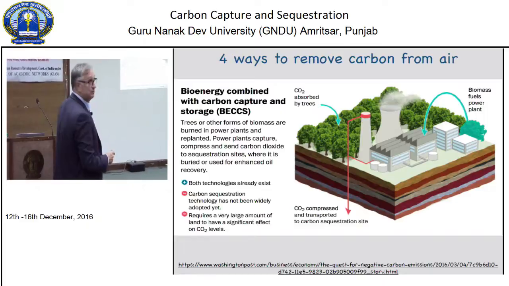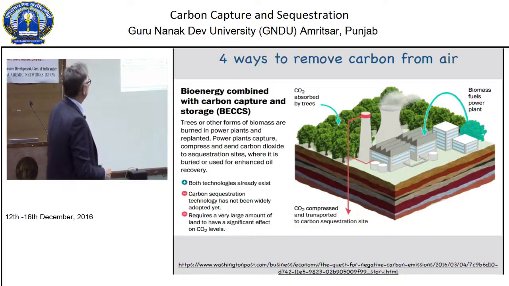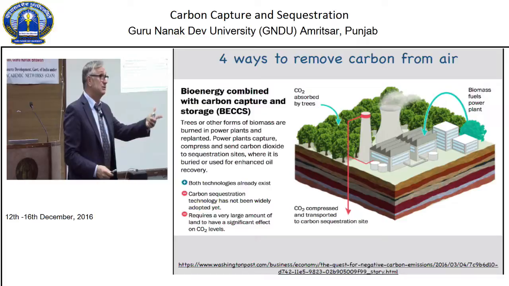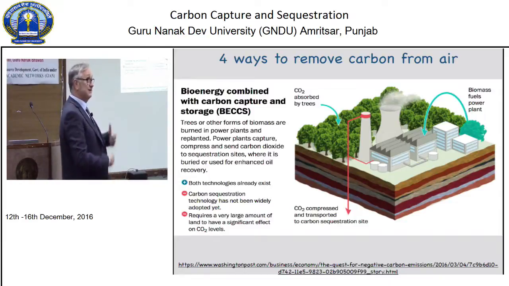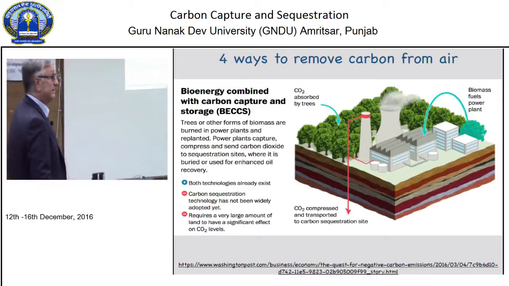You grow trees or miscanthus or other kinds of plants, and you burn them, and then you take the CO2 from that combustion process, capture it with the technologies we've been talking about, membranes, adsorption, absorption, and then put it underground. And so what you're doing is taking CO2 out of the air and putting it underground. It takes decade time scales to have an effect, but nevertheless, you could produce power in a way that's carbon neutral or even carbon negative.